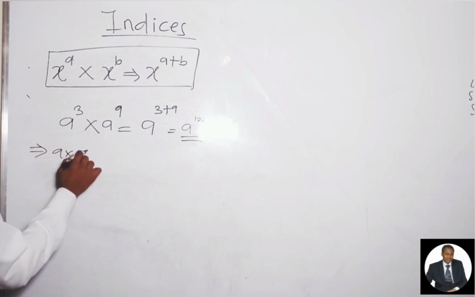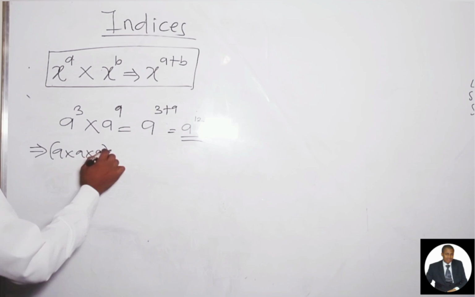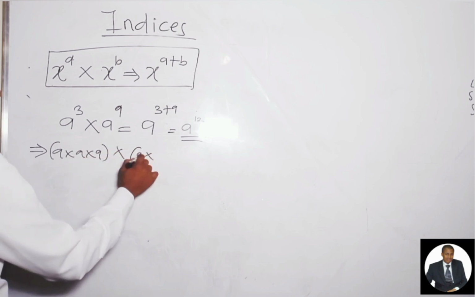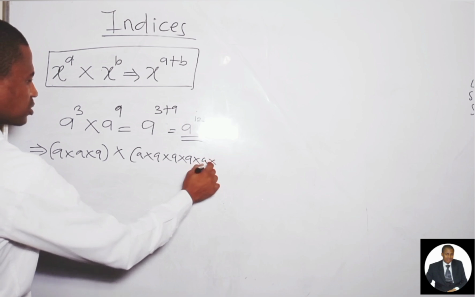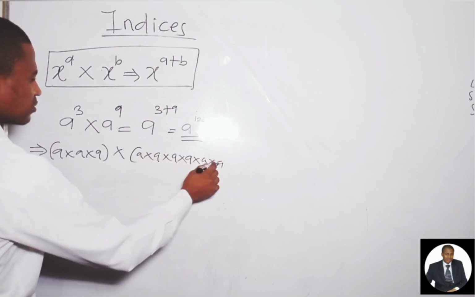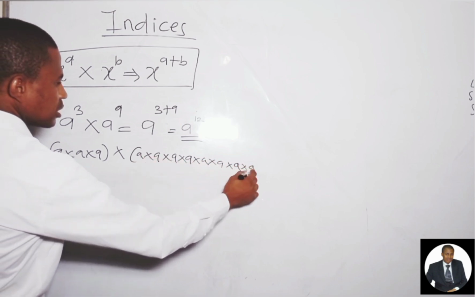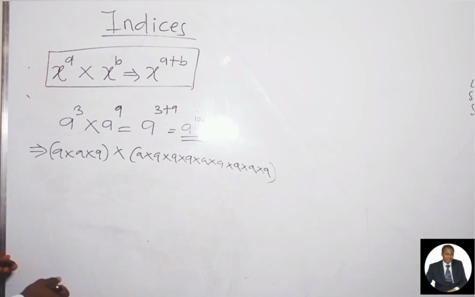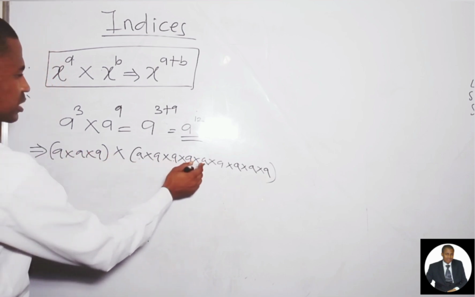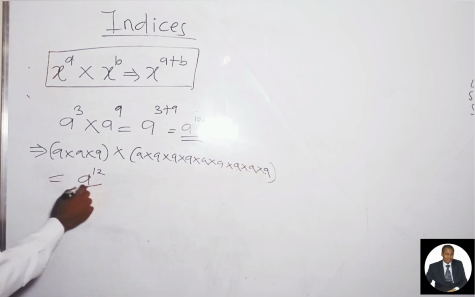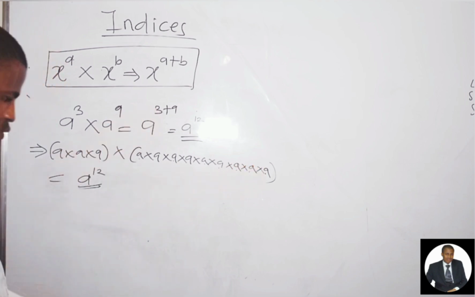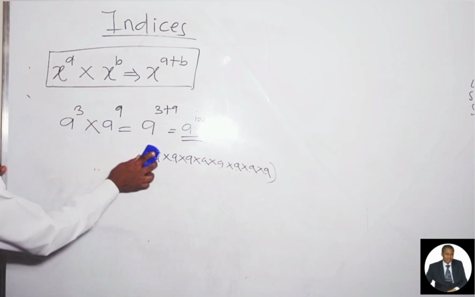That's a times a times a times a times a times a times a times a times a. If you count all the a's, 1, 2, 3, up to 12. A to the power of 12, same as what we have done.